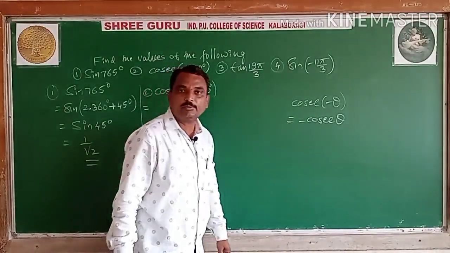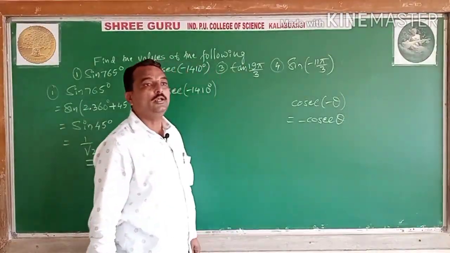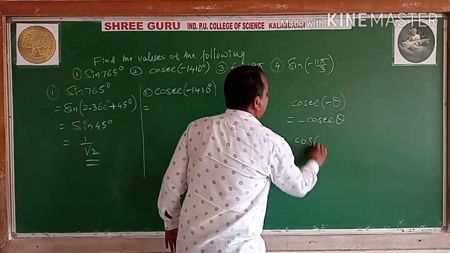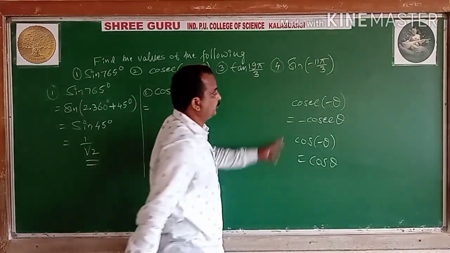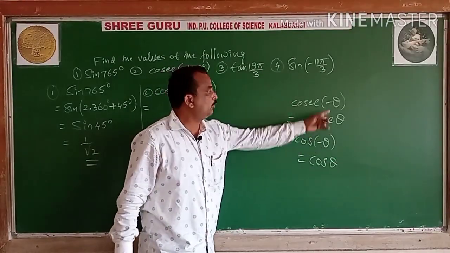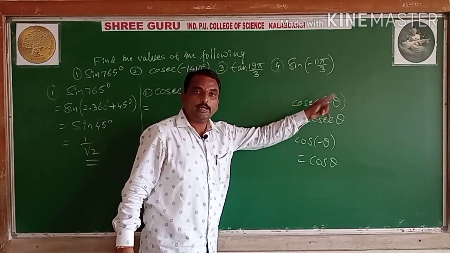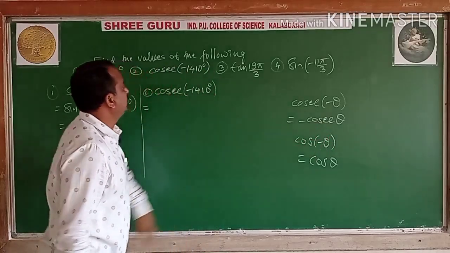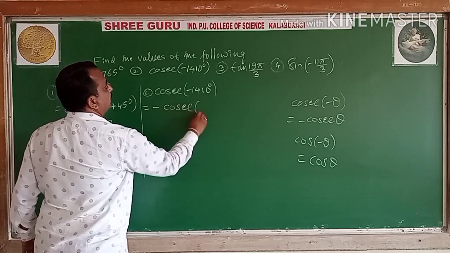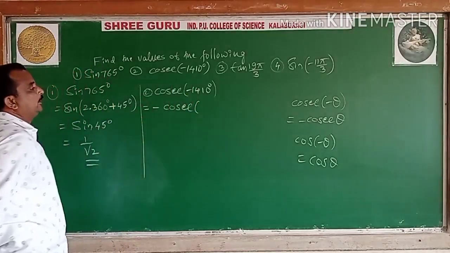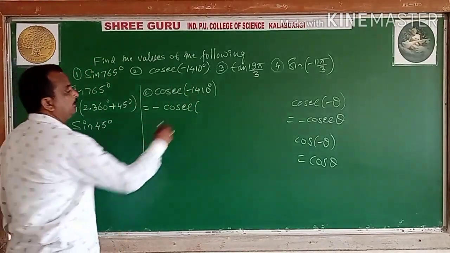Sine of minus theta is a minus of sine theta. Only cos of minus theta is plus cos theta. Cos and sec are positives, remaining all are negatives because of negative angle, anti-clockwise direction. So first you should write that one: minus cosecant of minus theta becomes minus cosecant theta.